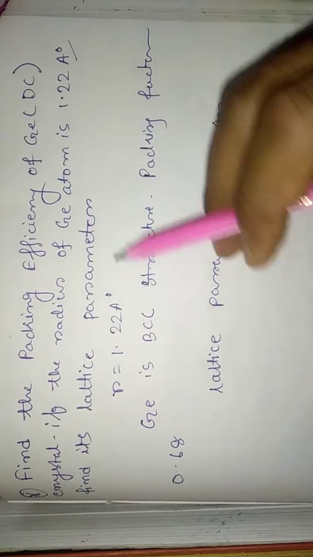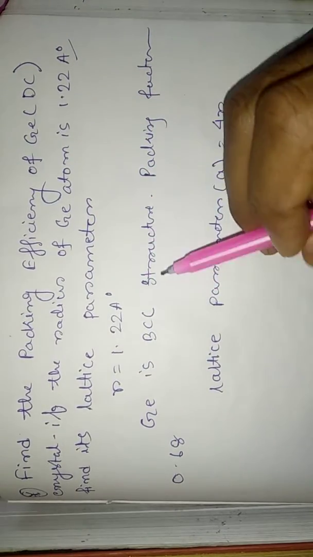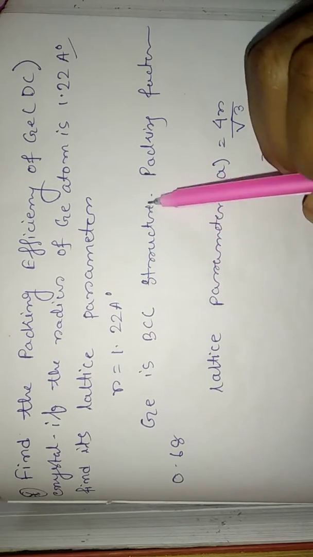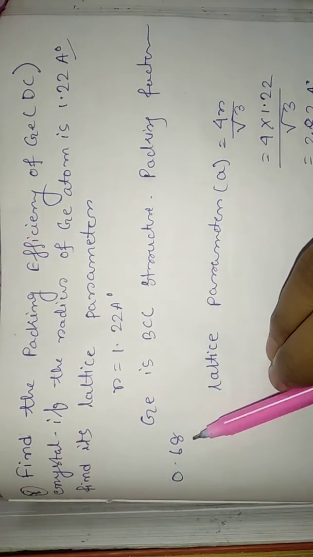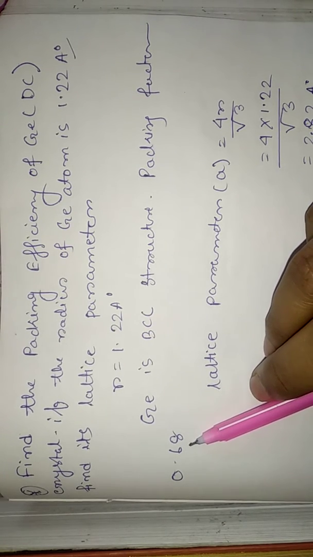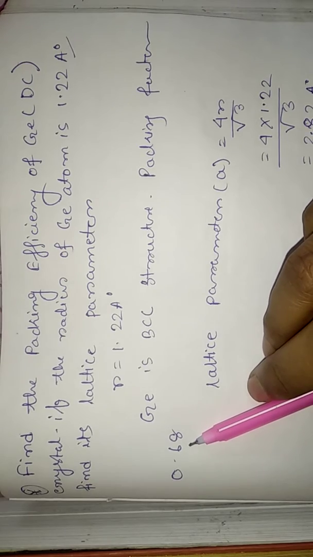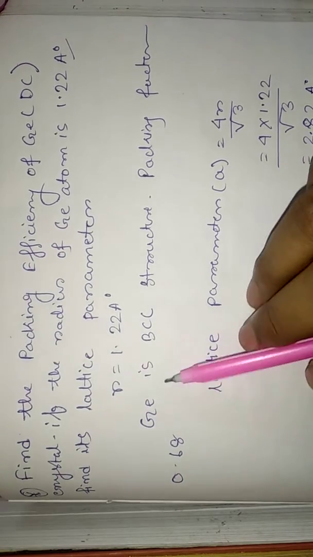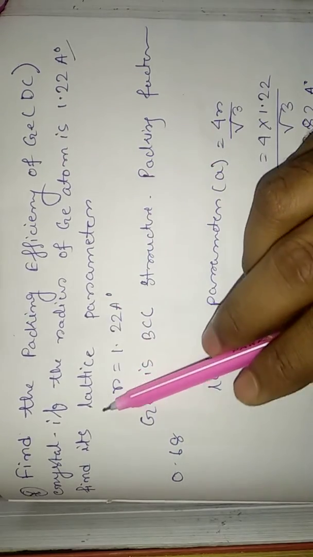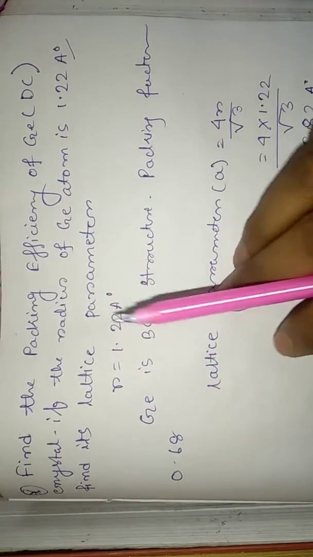As you know, Ge or germanium follows the BCC crystal structure, and the atomic packing factor for the BCC structure is 0.68. So obviously the Ge atomic packing factor will be 0.68. Now the second part is to find its lattice parameter.